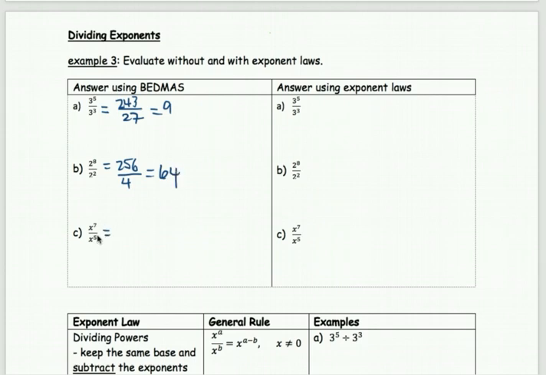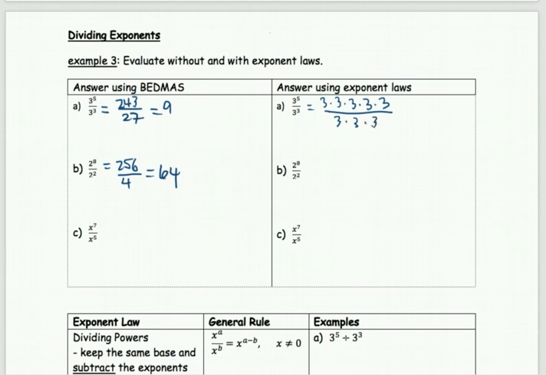All right, here we don't know the base, so essentially you can't just use BEDMAS here. I guess I shouldn't even have this question here, but anyway, we'll look at how to simplify it with the exponent laws. So if I write them all out, say we're pretending we don't know what this law is, we're just writing them all out. 5 of these there, and then we need 3 at the bottom.